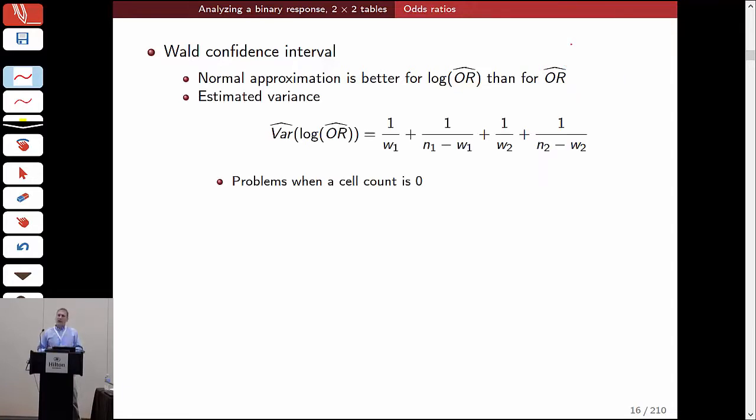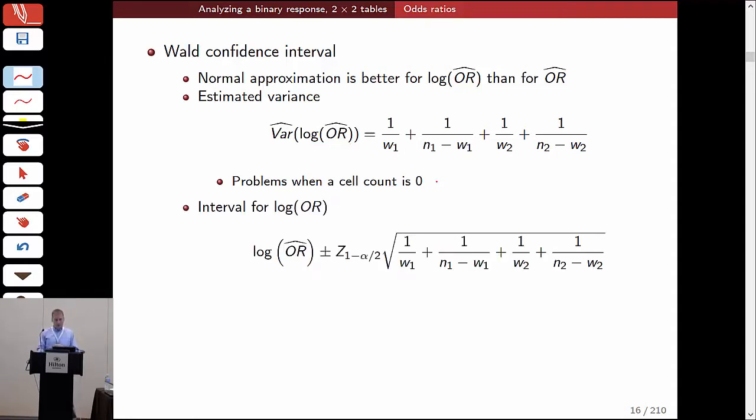Now, the estimated variance then for the log of that estimated odds ratio can be derived through using a delta method approximation. And in the end, it becomes just simply the reciprocal of the counts in the contingency table all added up. Of course, you might worry about having a cell count equal to 0, and you can do the same kind of fix that I just talked about a minute ago.